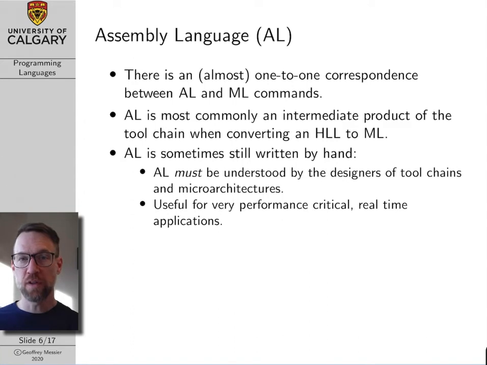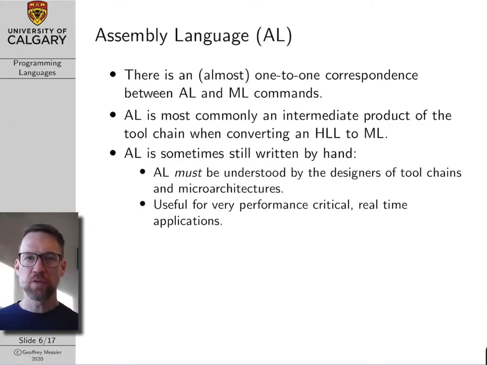So as I mentioned, assembly language was the original human readable language. And there is an almost but not quite one-to-one mapping between an assembly language instruction and a machine language instruction. As we get into assembly language, you're going to see why I make that distinction. And there was a time when humans would write assembly language programs from scratch.